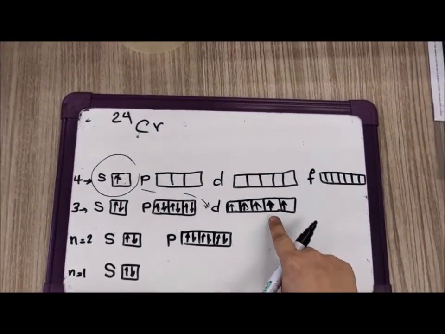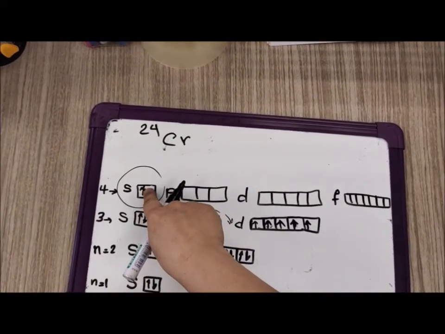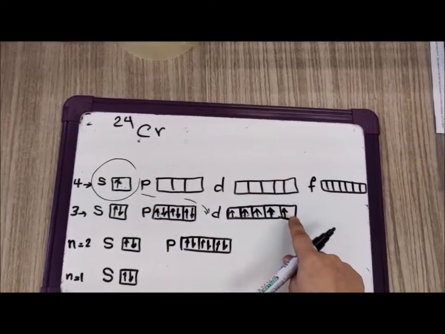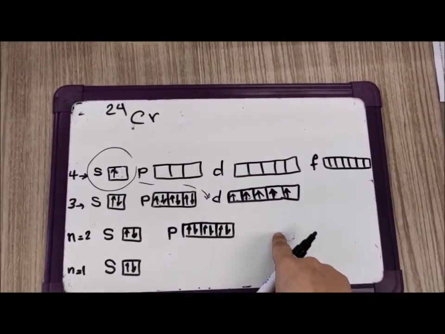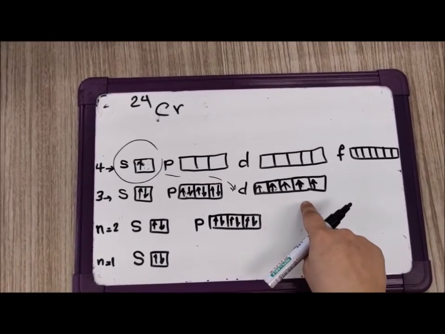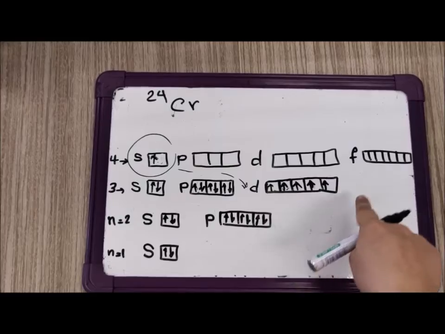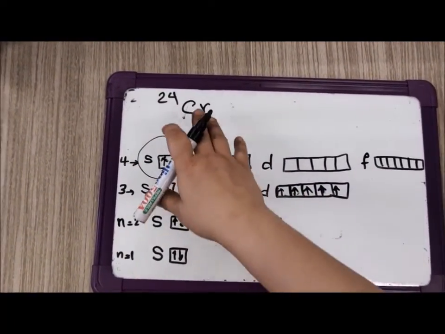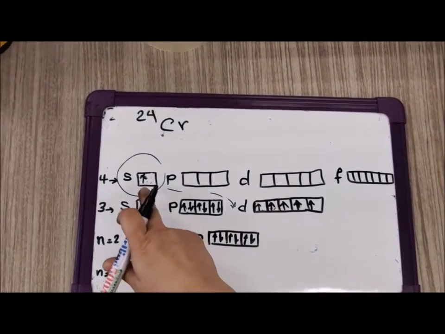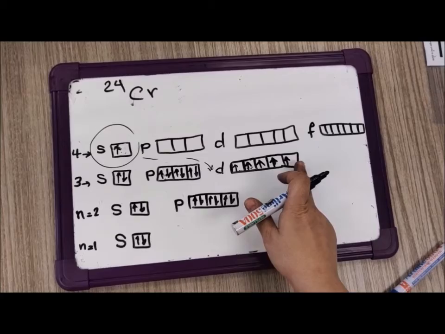We put one more electron here, and the other electron moves from the s orbital to the d orbital to make it stable, because this form is very stable. Okay, so that's why this is what you get for the electronic diagram of chromium 24. One electron from the s orbital goes into the d orbital to make it more stable.